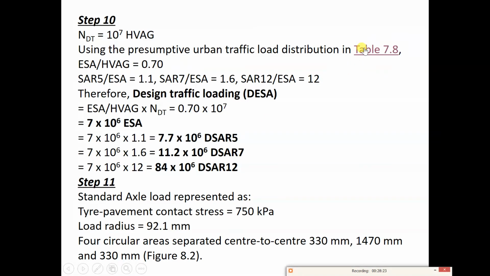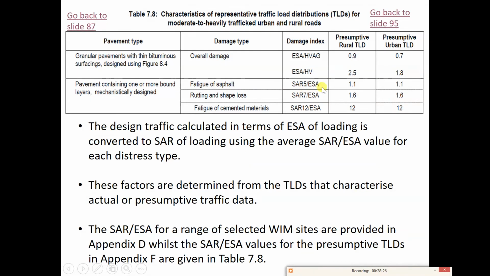So you can see that for the asphalt, we multiply by 1.1. When you put this ESA over, SAR 5 is equal to 1.1 multiplied by ESA.